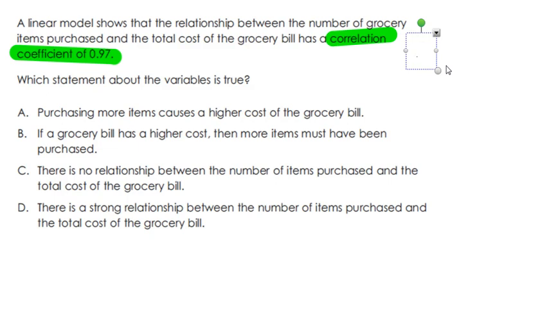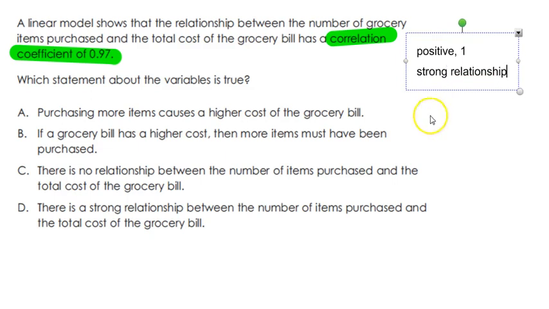Your correlation coefficient, positive, and the ideal number is 1. And what that means is you have a strong relationship where both of your quantities are going up at the same time.